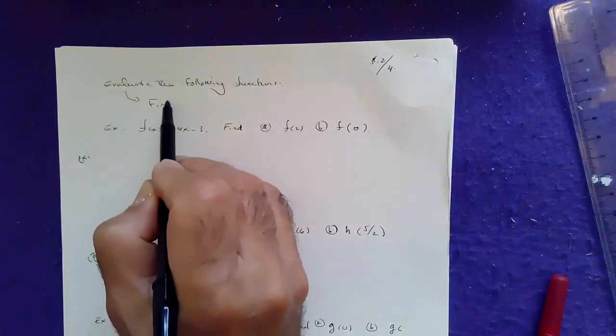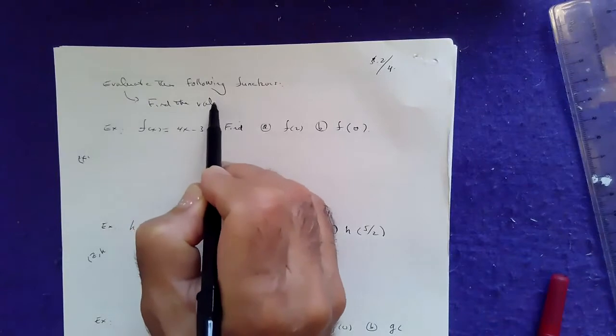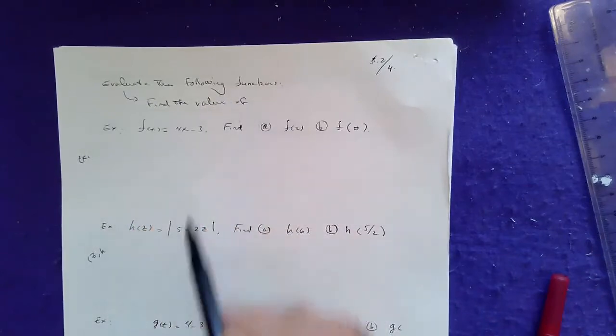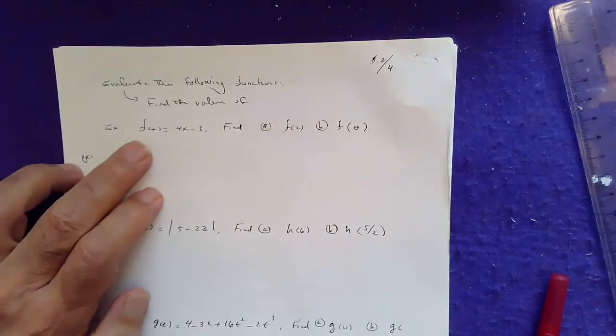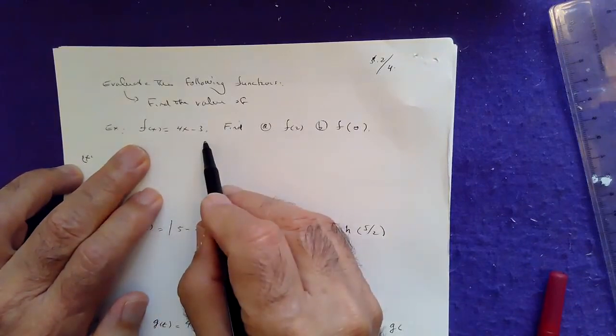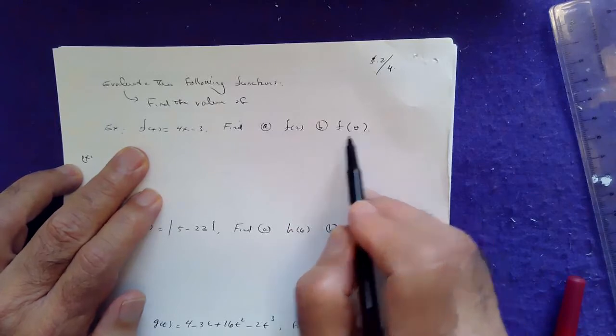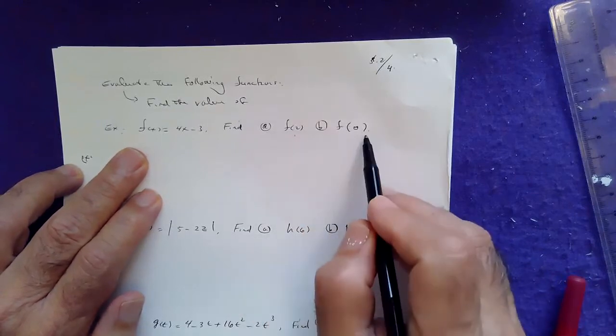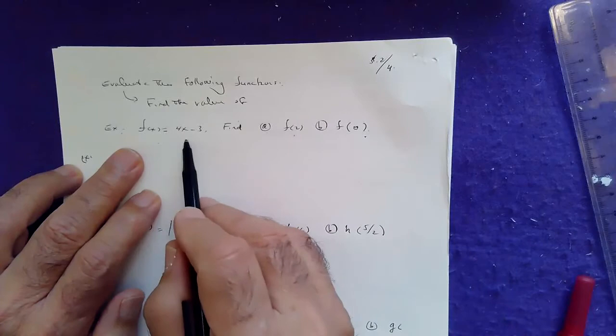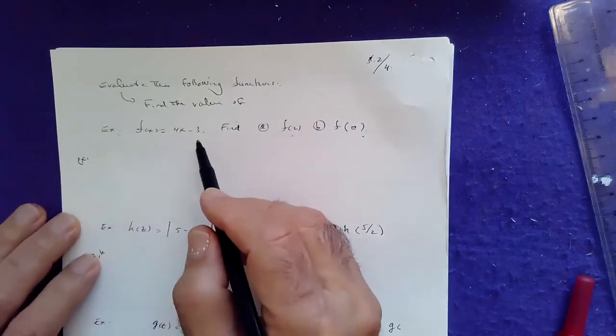Evaluate means find the value of the following functions, correct? If f of x is 4x minus 3, can you find f of 2 and f of 0? That's how you read this: f of 2 and f of 0 if f of x is 4x minus 3.